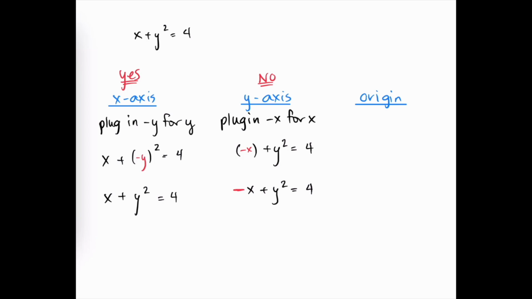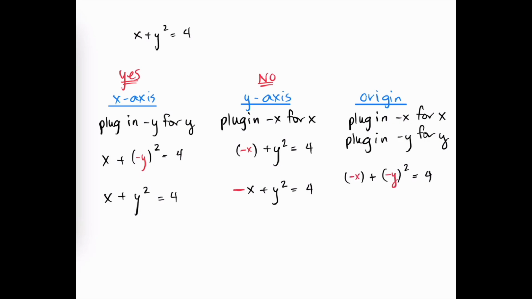To determine whether or not we have origin symmetry, we'll plug in negative x for every x, but also negative y for each y variable, and then simplify to see if our equation indicates that we'll have the same collection of ordered pair solutions. So we open up a hole for all the x's and a hole for all the y's, and into the x's we're going to plug negative x, and then for the y's we'll plug negative y. Now we simplify. These parentheses are not carried forward after this simplify step, so this first term just becomes negative x.